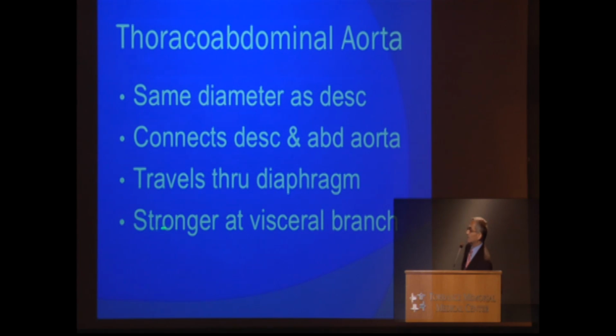It ends at the visceral branches, which are the branches that carry blood to the abdominal organs, including liver, spleen, and pancreas, as well as bowel and 2 kidneys. Because of that branching, the aorta also has added strength.